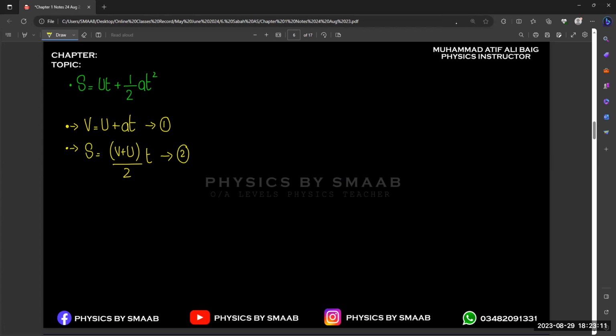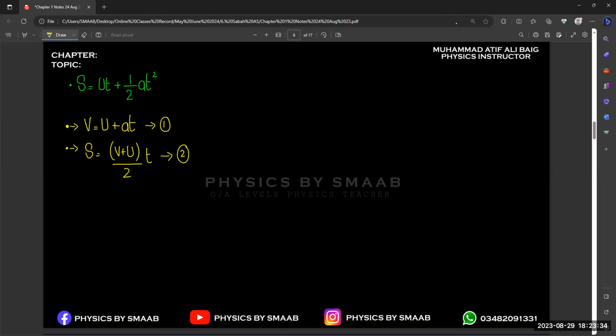Now what we need to do, from the second equation we know that S equals V plus U divided by 2 times t, right? And you also observe that in equation number one there is a value of V. So what if we just plug in the value of V in equation number two?